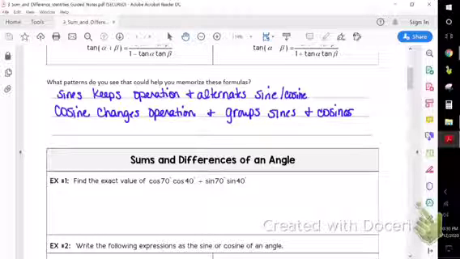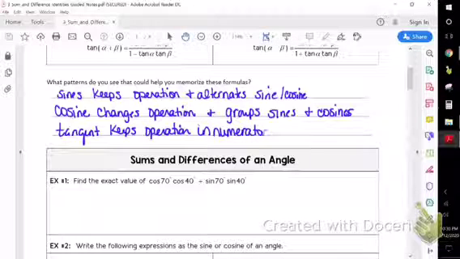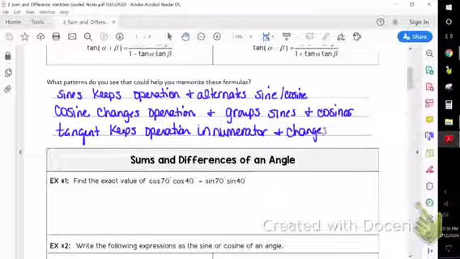All right, and then we had talked about tangent. On tangent, it keeps the operation in the numerator and changes the operation in the denominator.